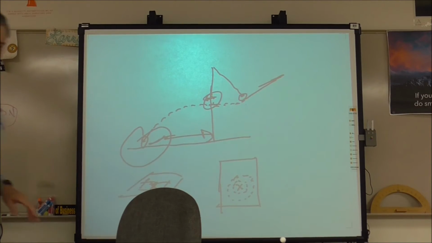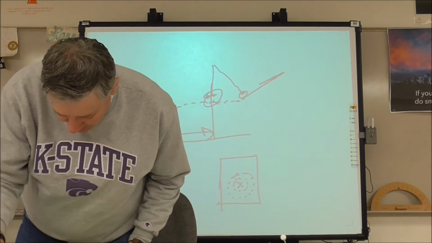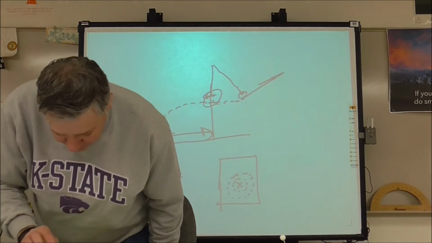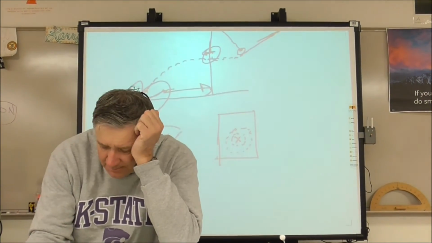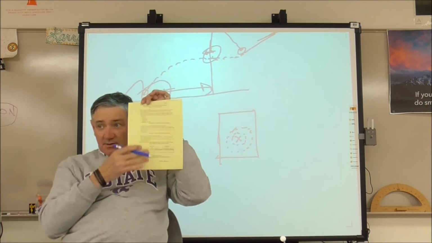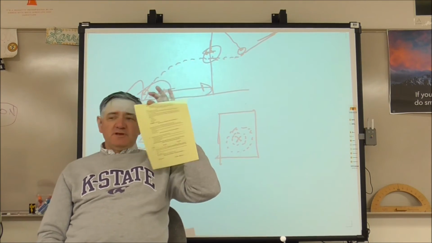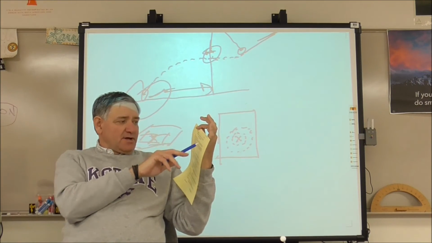Okay, so what I want on your derived equation, on this part here, on this yellow sheet, is what you are actually going to hand in. So you've got your name.